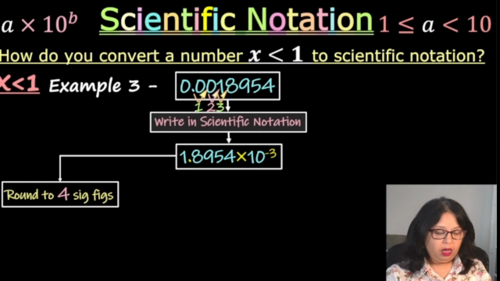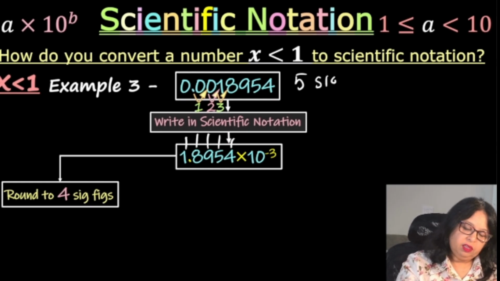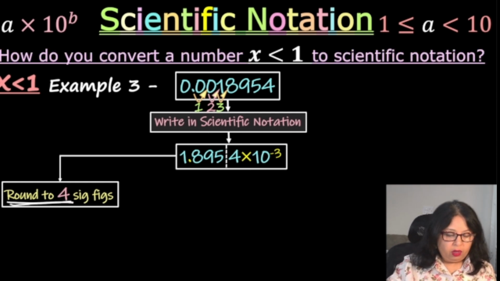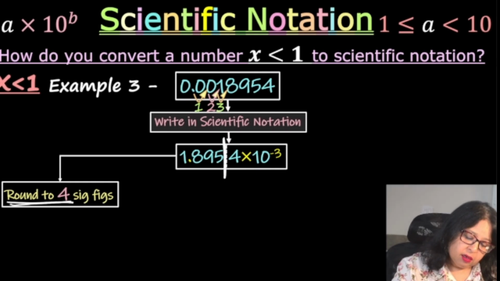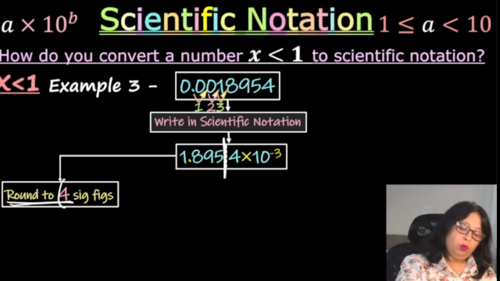Okay. Round off to 4 sig figs. Alright, we'll do that, but before that, how many sig figs do we have to begin with? 1, 2, 3, 4, and 5. So the original number has 5 significant digits. I'm going to draw this line, and to the left of the line, how many digits would we have? 4.